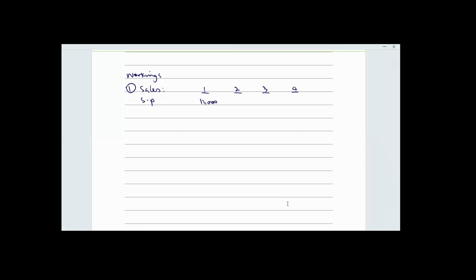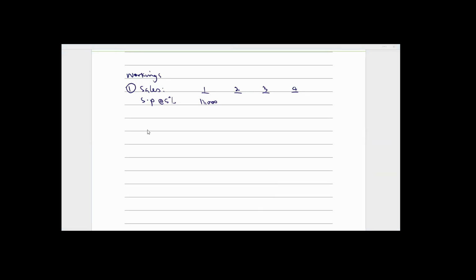I will then go to the question: what's the inflation rate for selling price? The examiner told us it is expected to be 5% per annum. So I don't need to waste my time. I will just say at 5% inflation. Then I will carry my calculator to inflate my selling price.